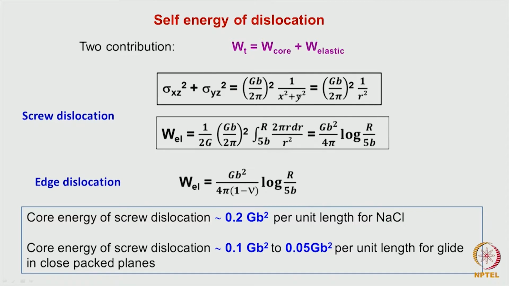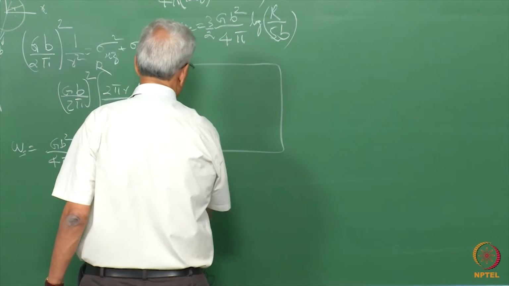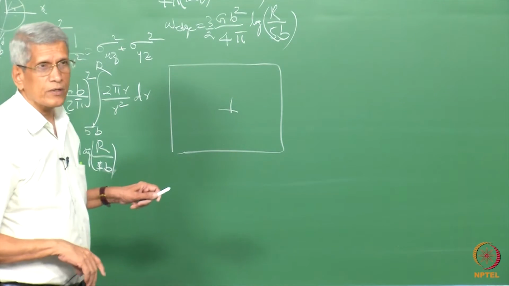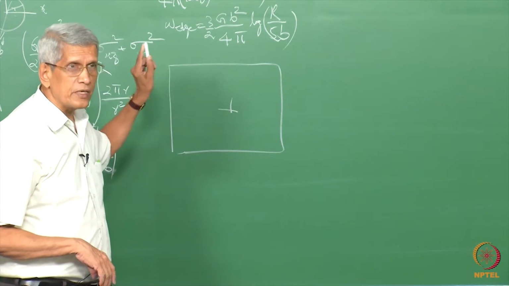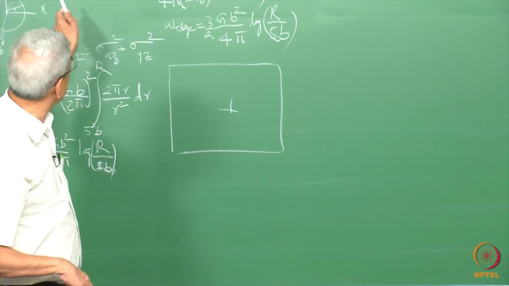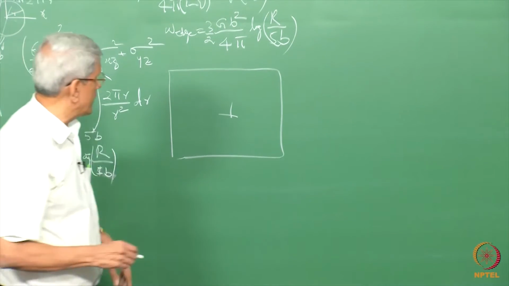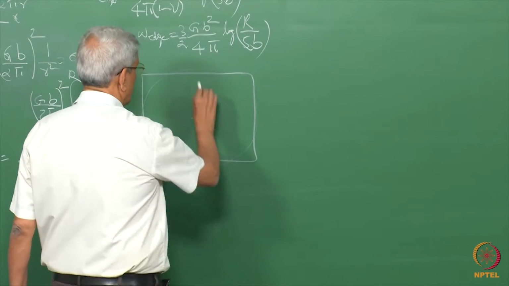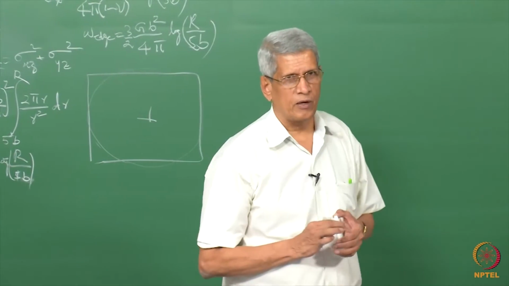And here, when we have a dislocation present in a sample, how do we calculate, not the core energy, but the elastic strain energy or the self energy of the dislocation? We find it out around the radius r, which in this particular case goes up to the end of the sample.